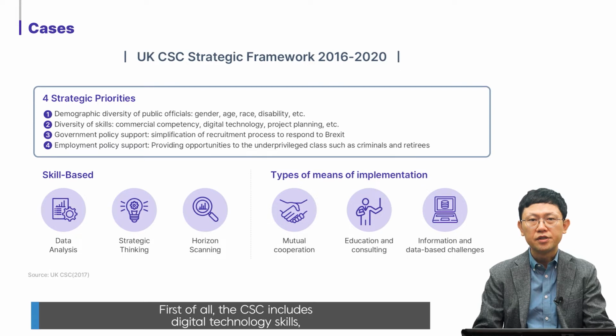First of all, CSC includes digital technology skills, presenting skill diversity as one of its strategic priorities in its strategic framework from 2016 to 2020. And it is employing data analysis as an important means to implement these strategies.